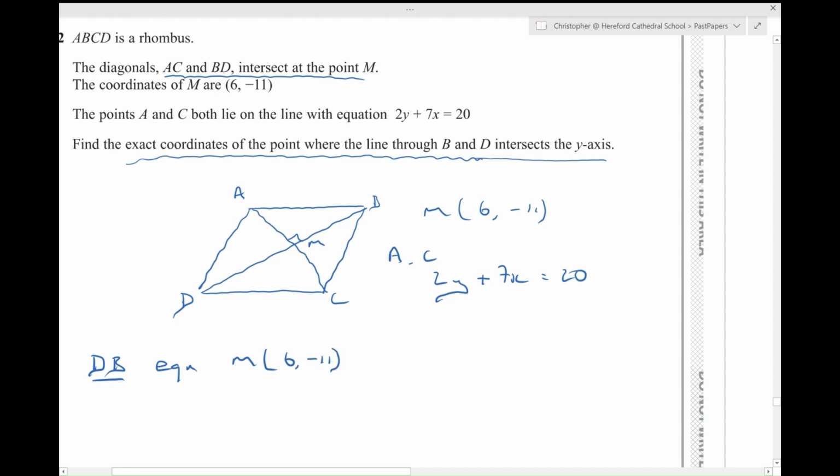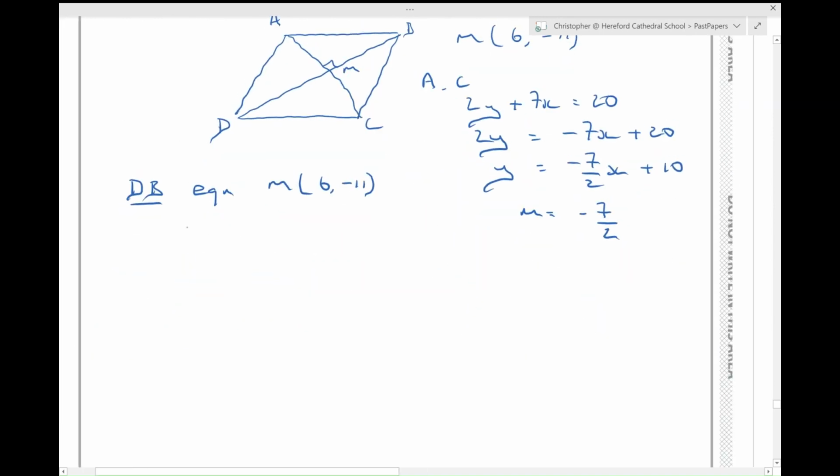I don't know the gradient of DB, but I can rearrange this to tell me the gradient of AC. There we go. So the gradient of AC is minus 7 over 2, and DB is perpendicular to that. So the gradient of DB, the m of DB, will equal the negative reciprocal, 2/7. So now, as far as DB is concerned, I've got a point on the line, I've got the gradient, so I can work out its equation.